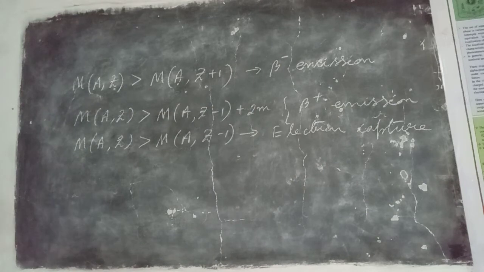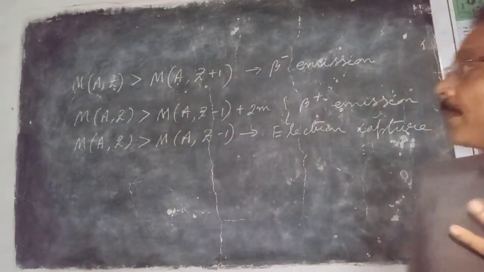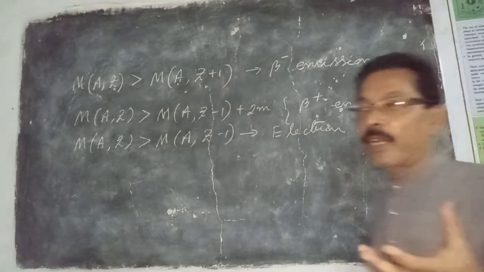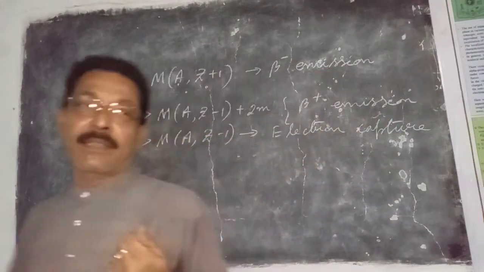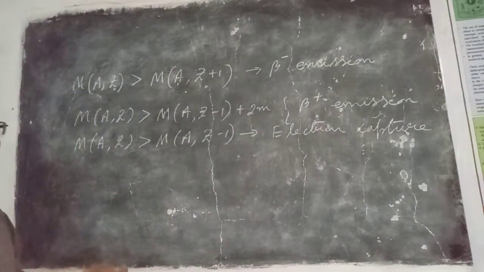Naturally, a question may arise in your mind that the dimension of the electron is much larger than the nucleus. Then how is the electron or positron emitted from the nucleus?